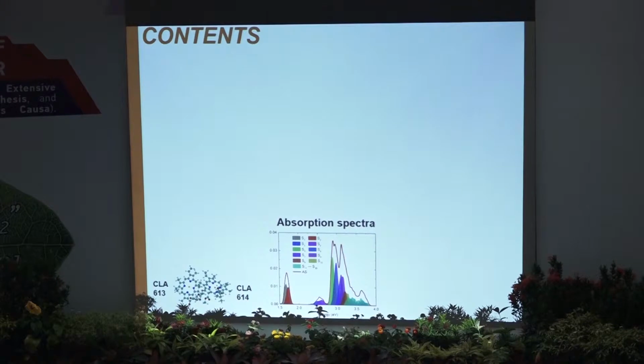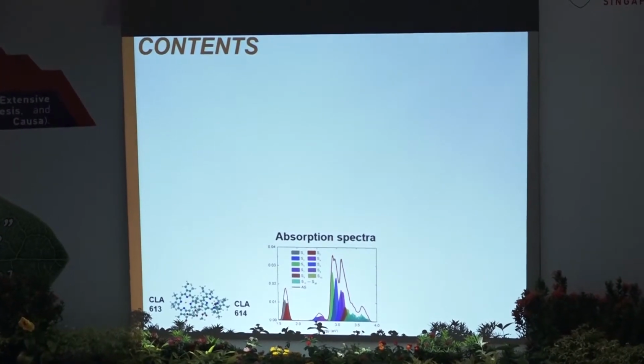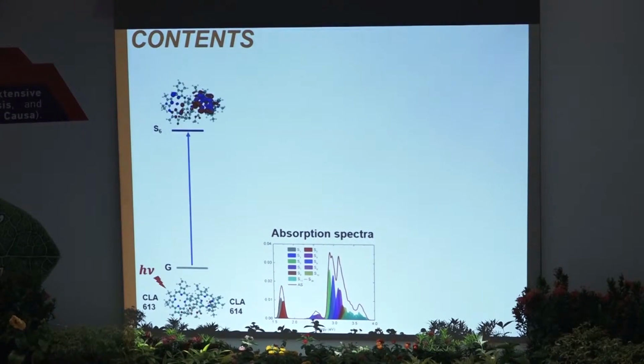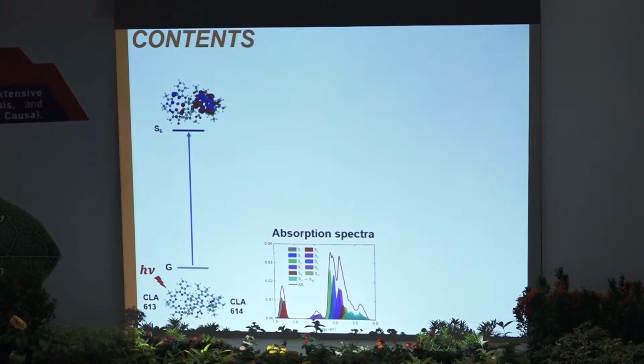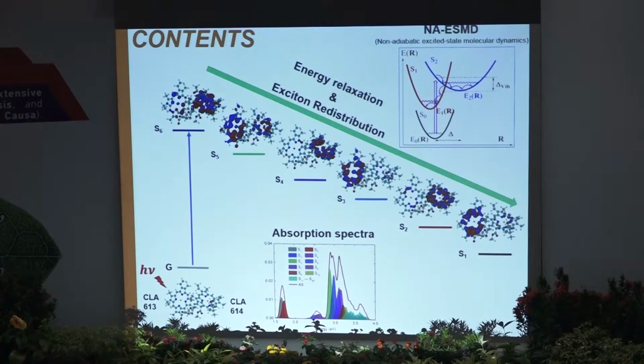First of all, we will study the absorption spectrum using non-adiabatic excited states molecular dynamics. We basically shine the laser beam onto this complex. Of course, this is in the simulation, and the ground state will be excited to the excited states, and then these excited states will go through a cascade all the way down to S1.